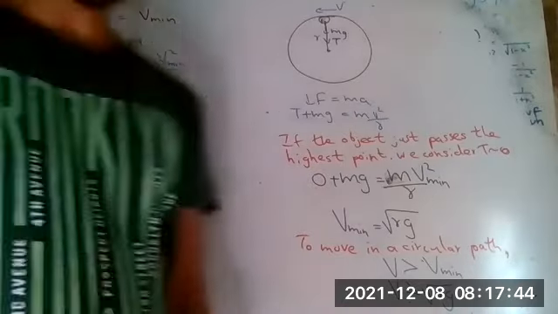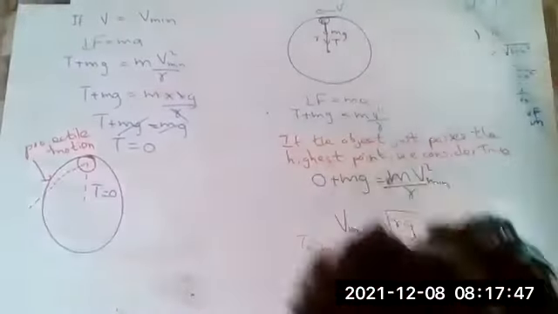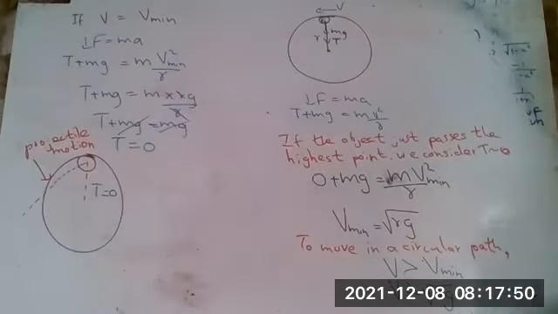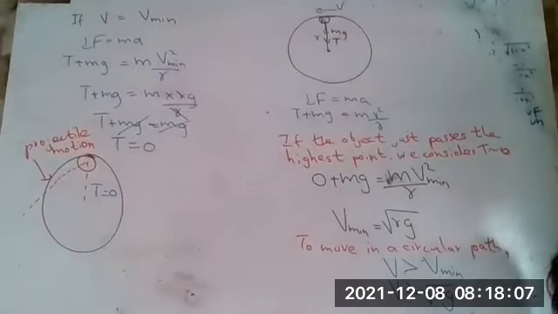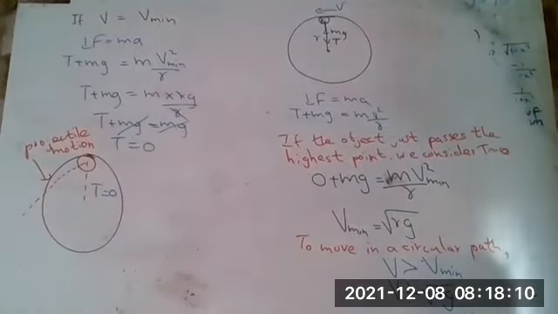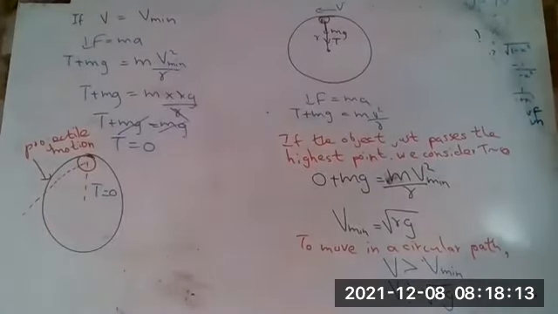So we will write a small note before we draw it. Write this: the most important velocity in vertical motion is the velocity at the highest point.